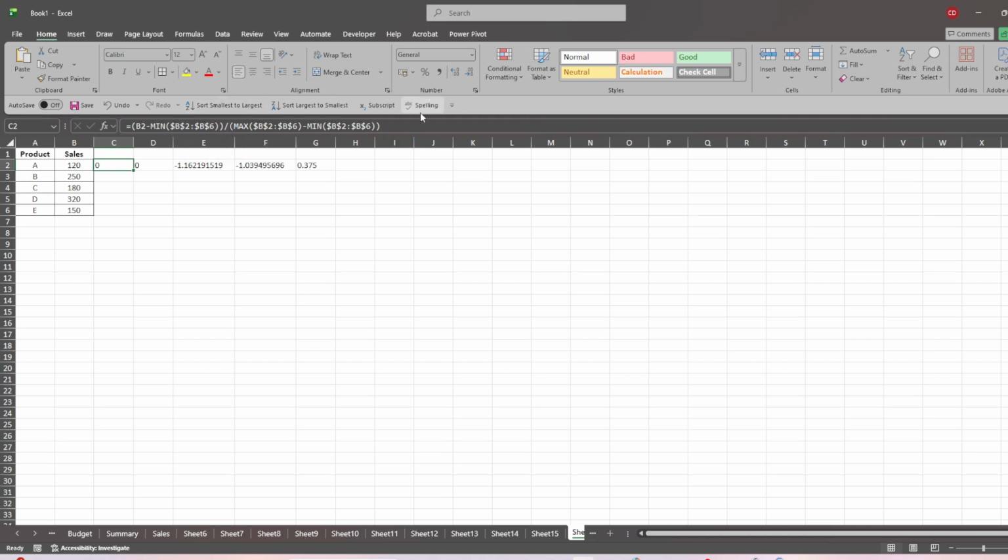Press enter, then copy the formula down the column. This method is great when you want the smallest value to become 0, the largest to become 1, and everything else to fall proportionally in between.